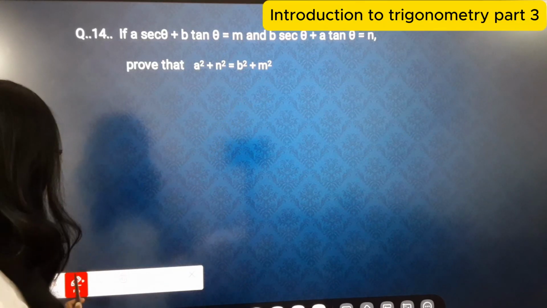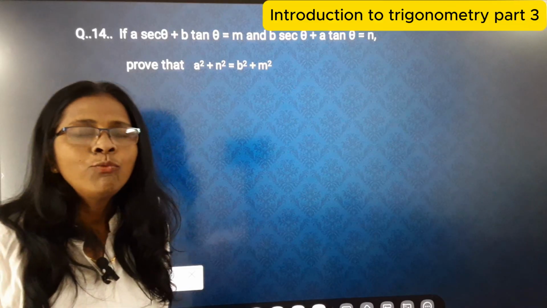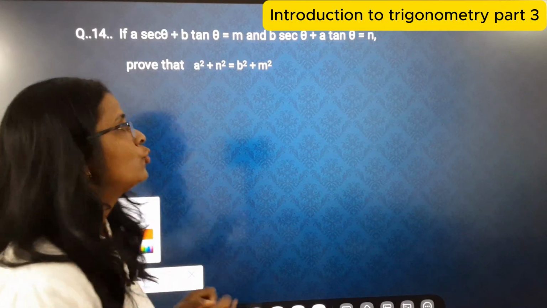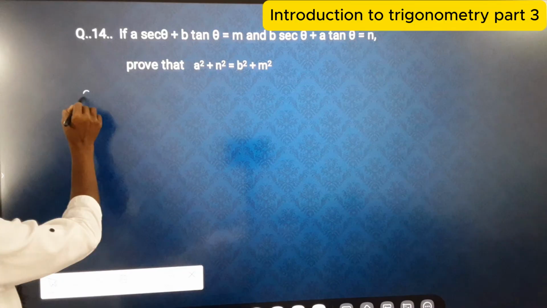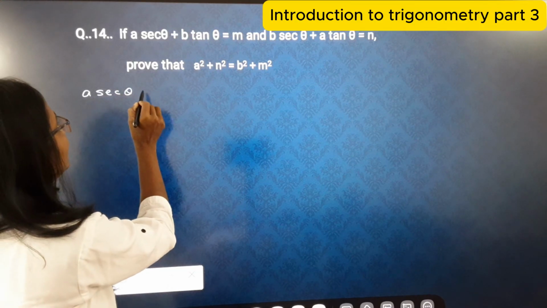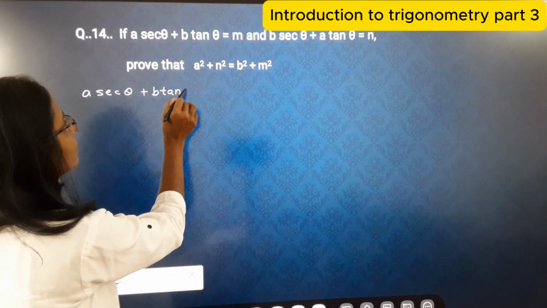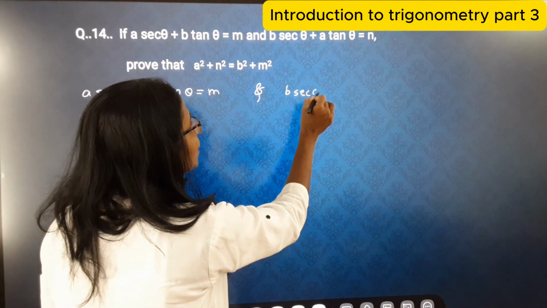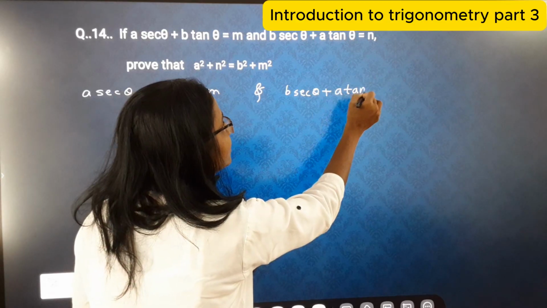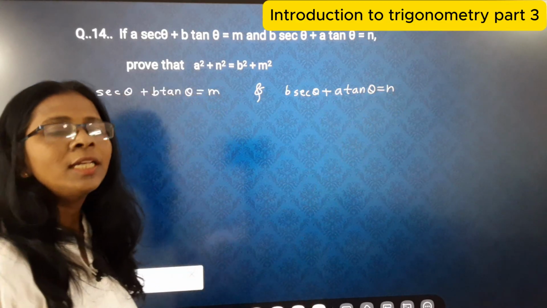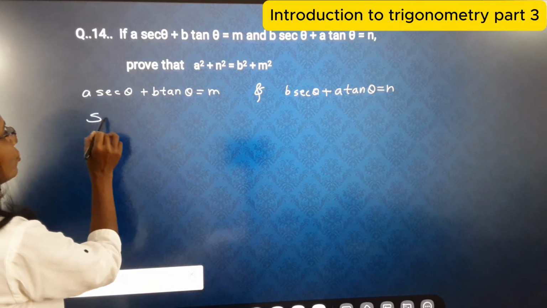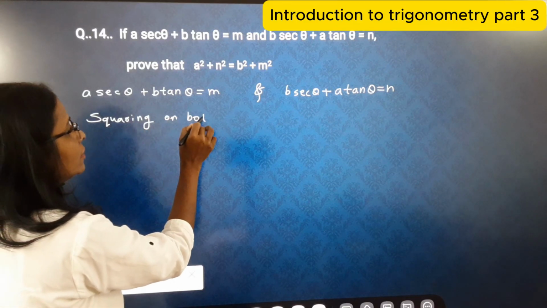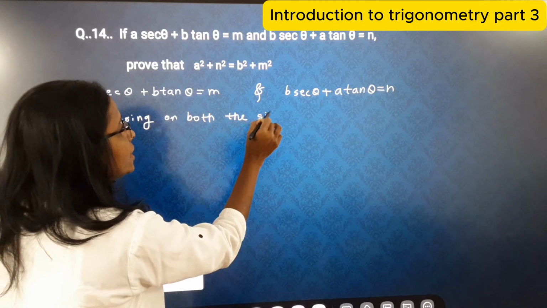So in the given, we have to square the equations. The first equation is a sec theta plus b tan theta is equal to m, and the next one is b sec theta plus a tan theta is equal to n. Squaring on both the sides.